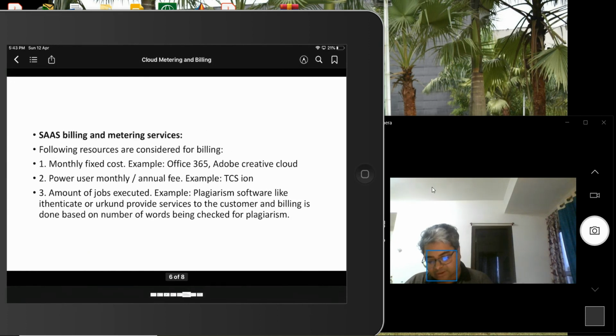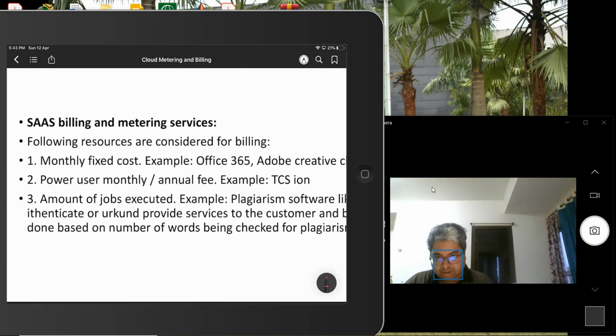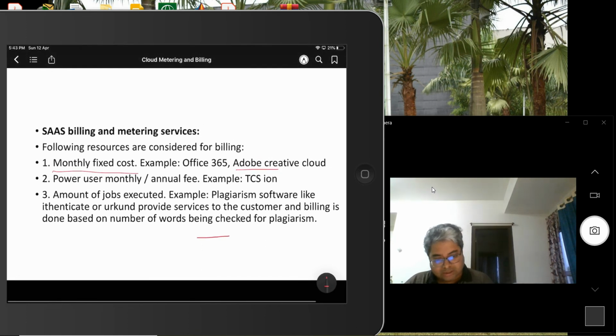Now for the SaaS billing and metering services, these are the required parameters. Basically three types of SaaS services are there. One is the monthly and fixed cost basis, like software subscription services such as Office 365 or Adobe Creative Cloud, where how much you are using it is insignificant.